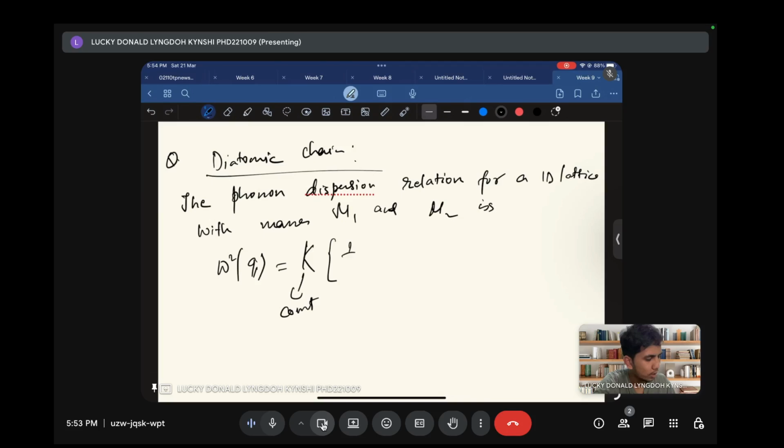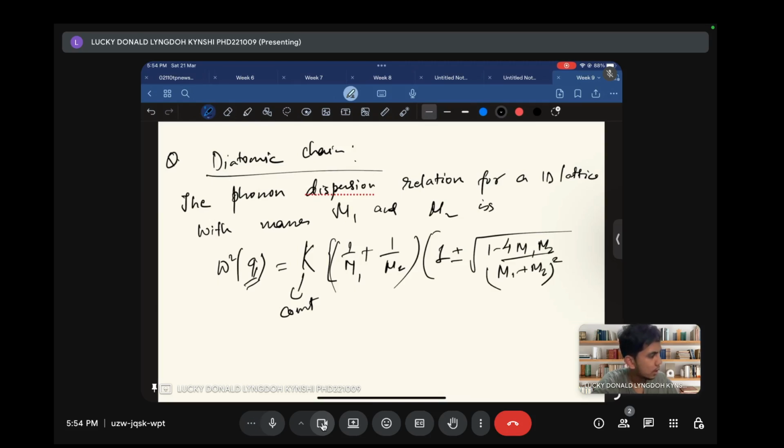So you can write 1 by m1 plus 1 by m2. That's why we represent Q as the wave vector here. Remember, this is a diatomic chain, so there will be two different types of masses. Here, plus or minus the square root of 1 minus 4 m1 m2 by (m1 plus m2) whole square sine square qa by 2.